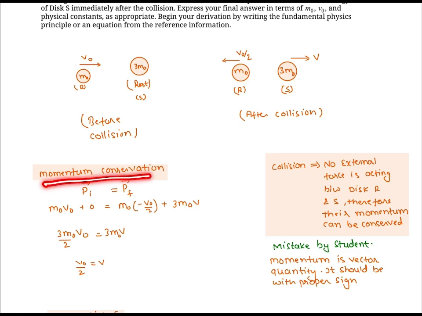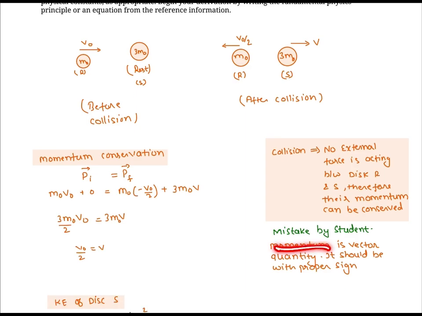In order to get all points, you should mention that in the collision there is no external force, therefore momentum should be conserved. Further, you should know that momentum is a vector quantity and it should be accompanied by proper sign.